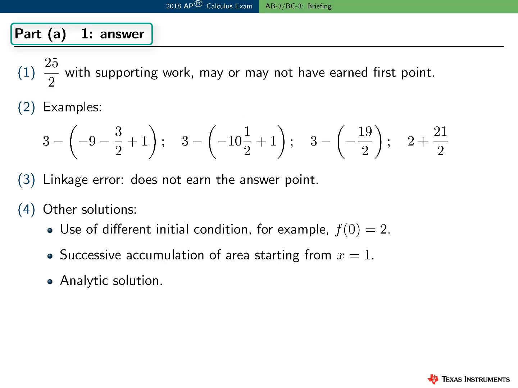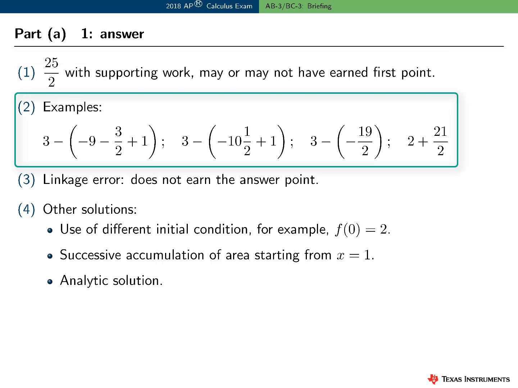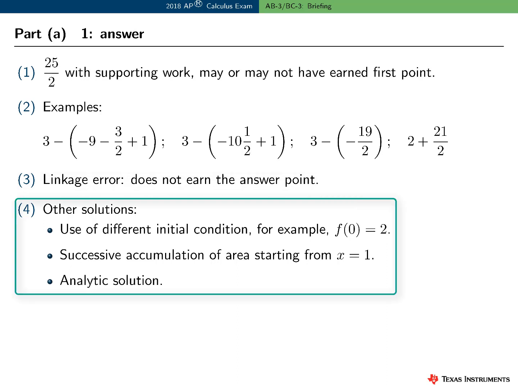The second point in Part A was for the answer, 25/2, with supporting work, which may or may not have earned the first point. Here are some examples that would earn the second point. Remember, if a student links two unequal mathematical expressions with an equal sign, they do not earn the answer point.